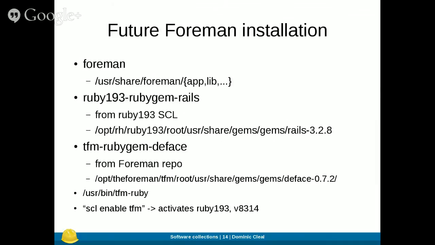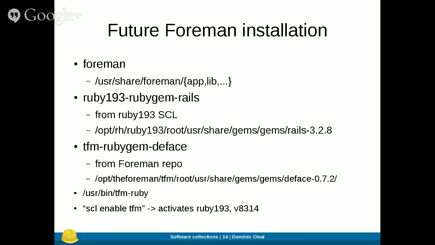So looking at how Foreman would be laid out after upgrades, we still have Foreman under user share Foreman. We still have Ruby 193 Ruby gem Rails from the Ruby 193 collection in opt.rh. But the face now has a TFM prefix, and it's now stored in opt d foreman/TFM. Similar layout, different vendor string and different collection name, but similar layout.